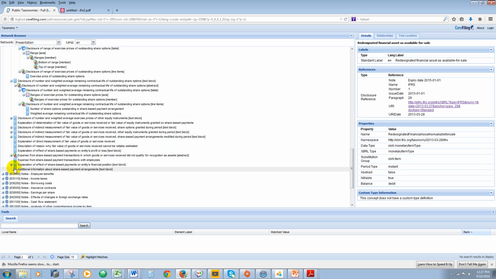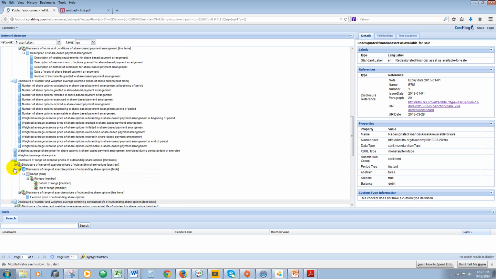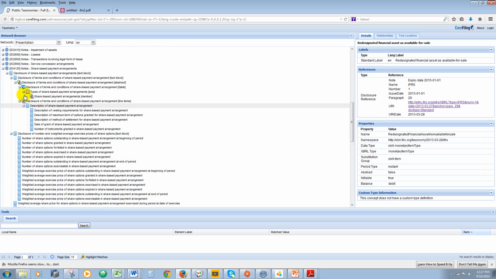So these are all the XBRL elements for this extended link on IFRS 2 share-based payment arrangements.